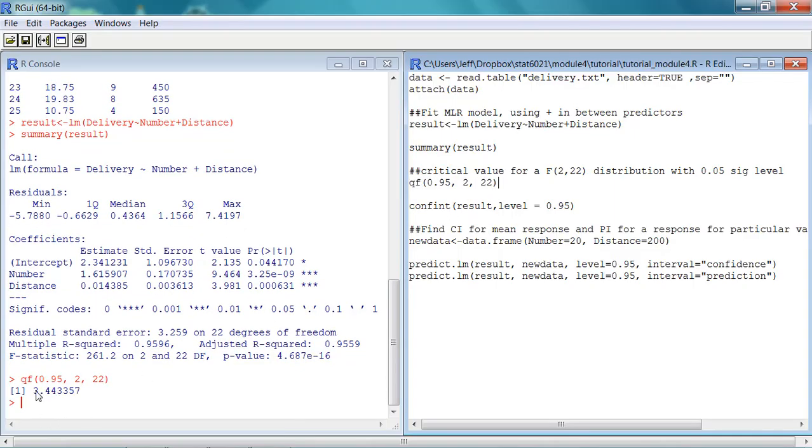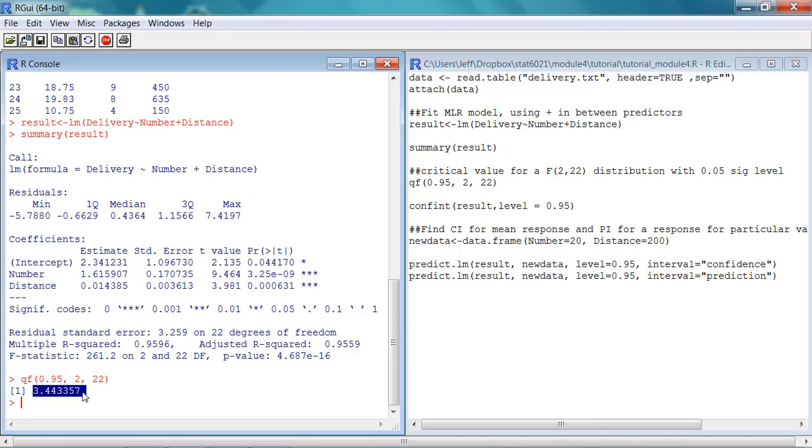This tells me that the critical value for this F test is 3.44. So if our F statistic is bigger than that, we will reject the null because the p-value will be smaller than your significance level. In this example the p-value is given, so you might wonder why we need this, but later on the p-value will not be provided in some of the tests that we'll do.